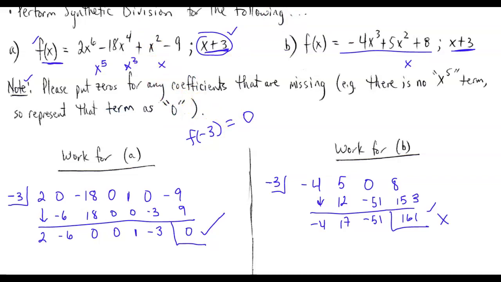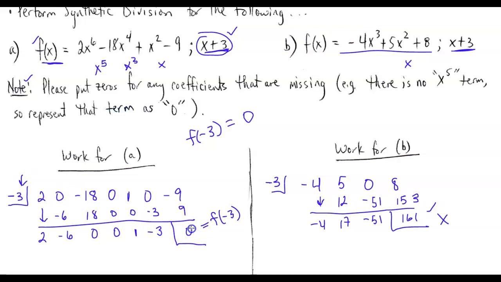Now, there are a few things that are kind of ironic about what I just said. One, we see that we have 0 in the remainder box, so I could figure out what my polynomial would be if I evaluated at a particular number just by doing synthetic division.